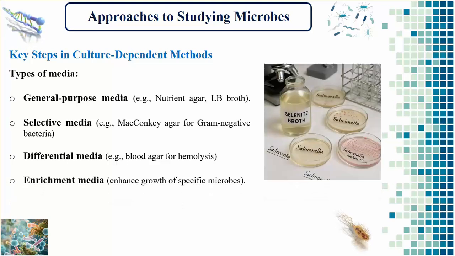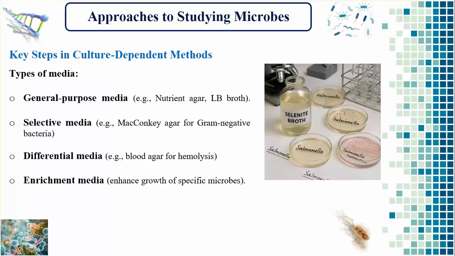Another important type is enrichment media. Enrichment media are typically liquid culture media designed to enhance the growth of a specific microorganism or group of microorganisms. They provide favorable nutrients and environmental conditions that allow the target organism to grow more rapidly, increasing its relative abundance in a mixed sample.